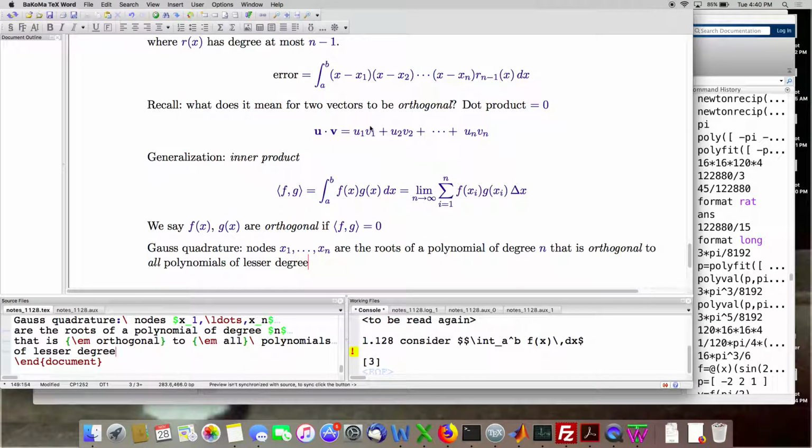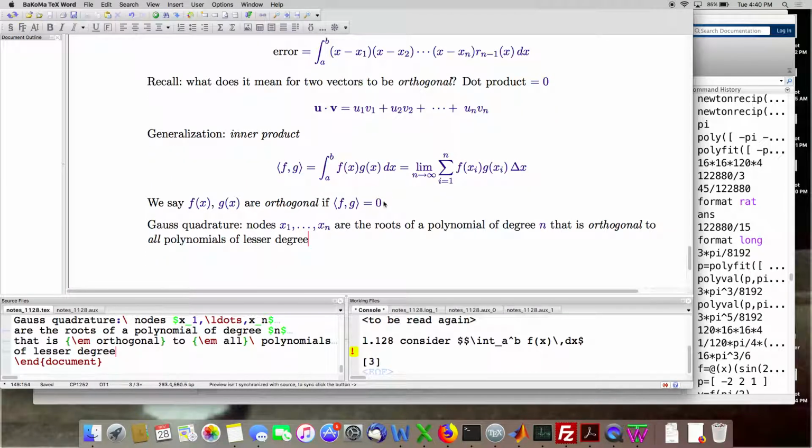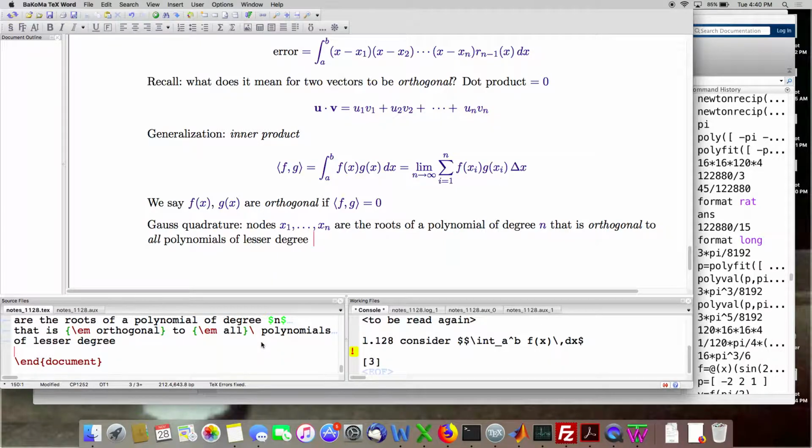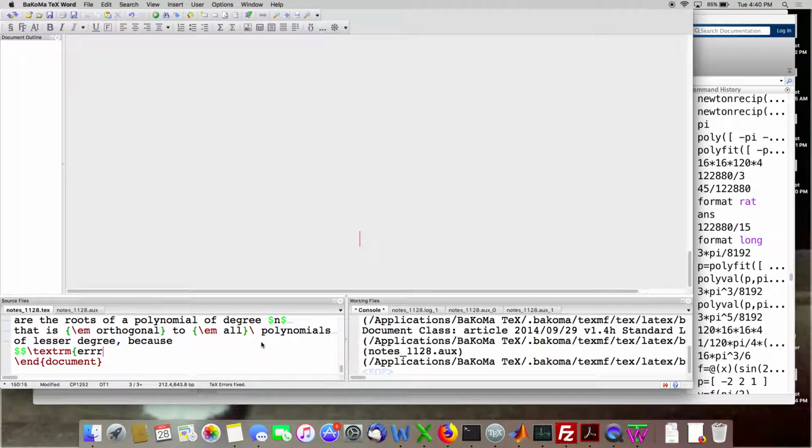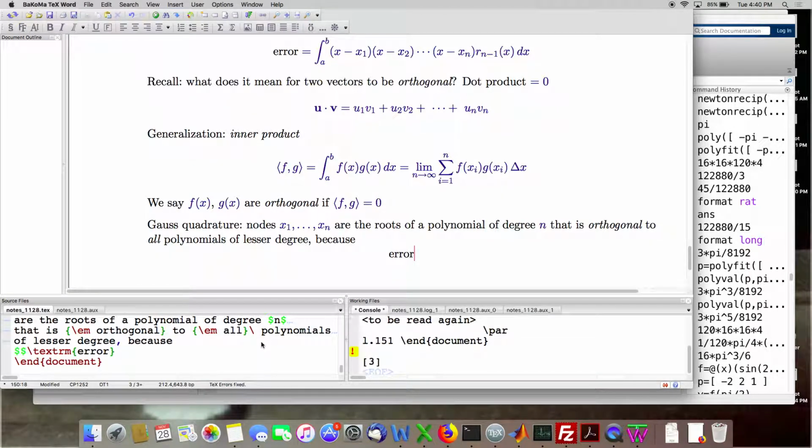Because what happens is, if I go back to this error up here, I'll repeat it down here. The error, I can introduce some notation here.